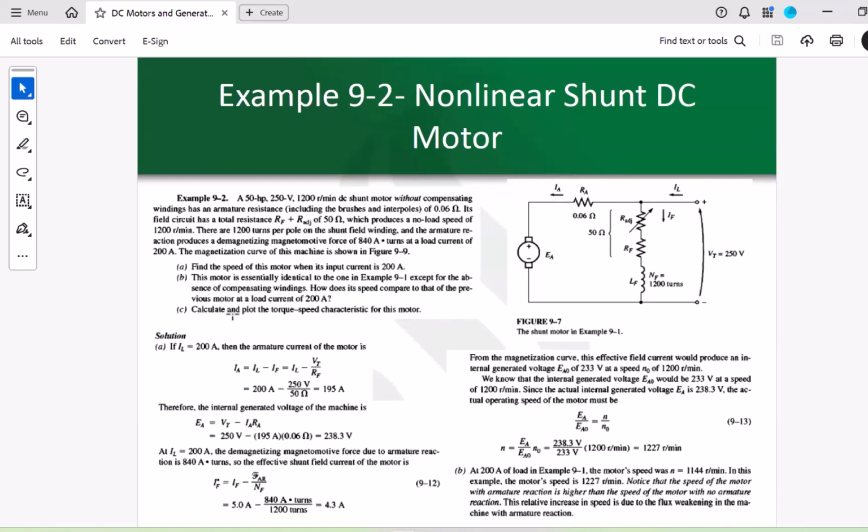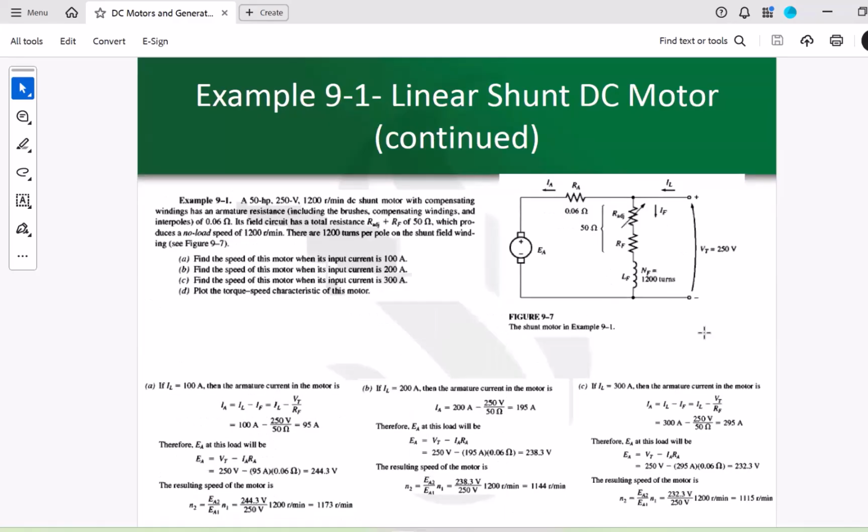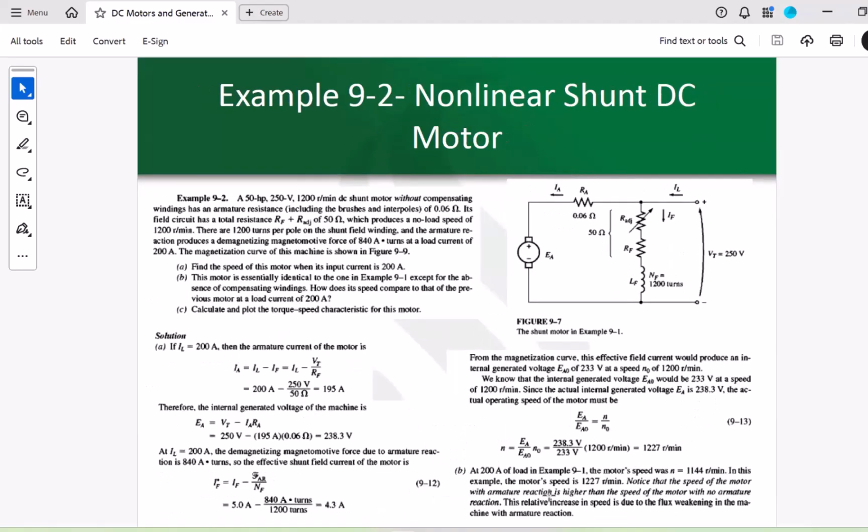All right, so part B is saying that this motor is essentially identical to the one in example 9.1, except for the absence of compensating windings. How does its speed compare to that of the previous motor at a load current of 200 amps? In the previous problem, we found the speed of the motor at 200 amps to be 1144. But now it is equal to 1227.